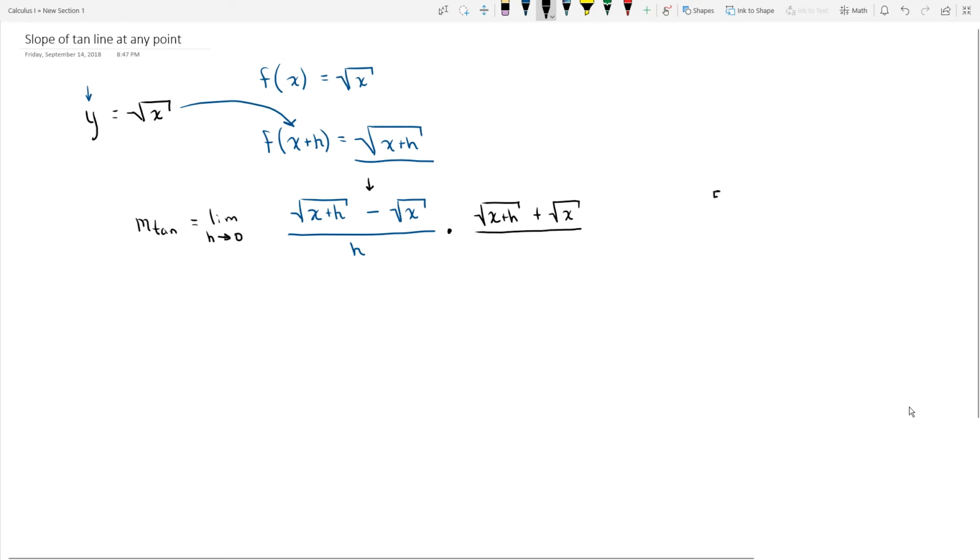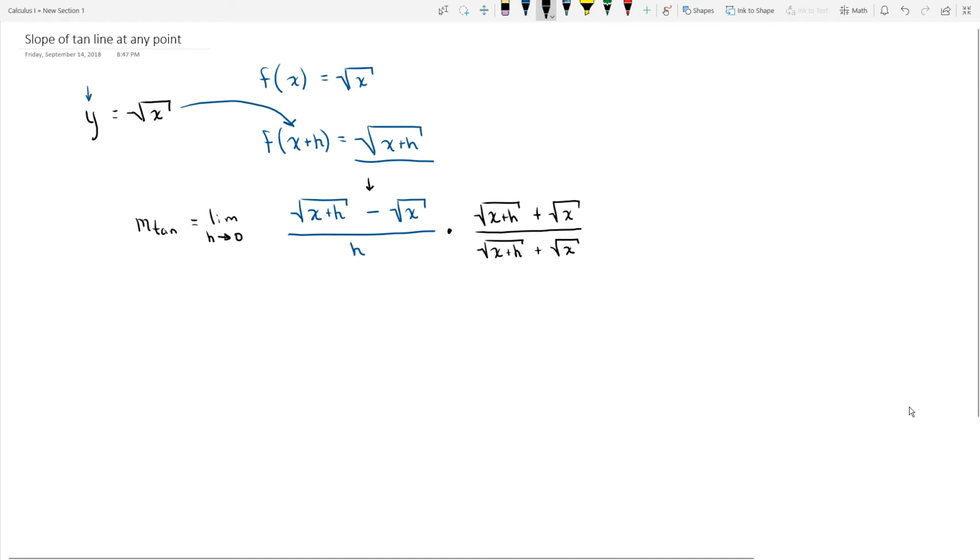Meaning anything over the same value is equal to 1. That way the value of this function does not change. So that means that we have to multiply the denominator by the square root of x plus h plus the square root of x.